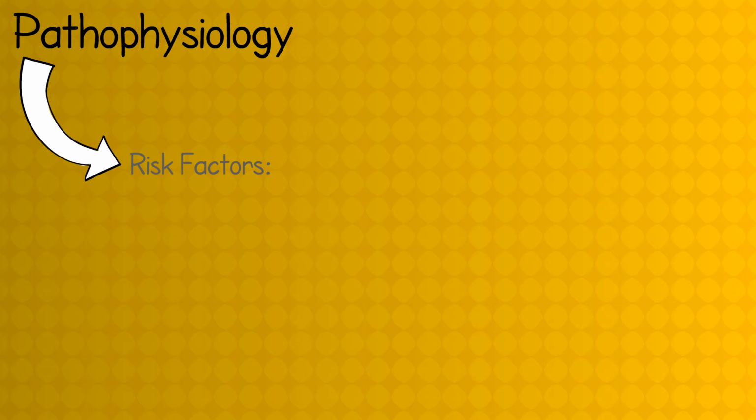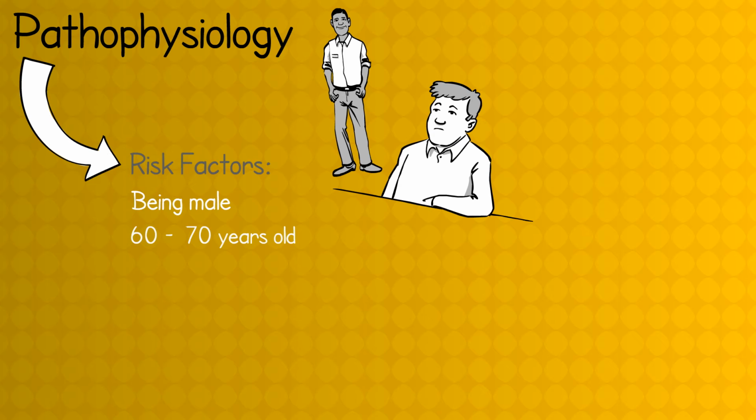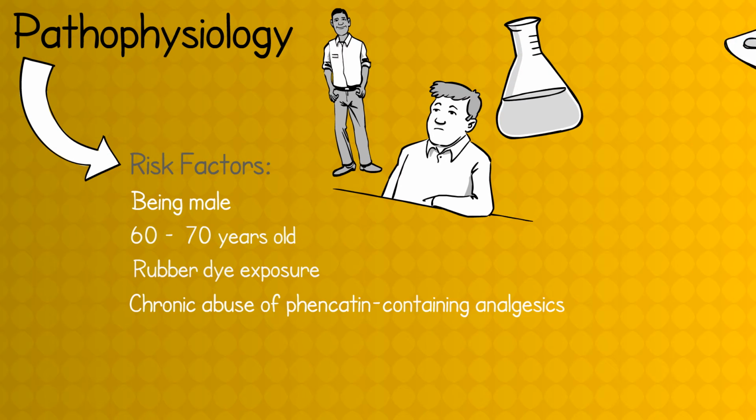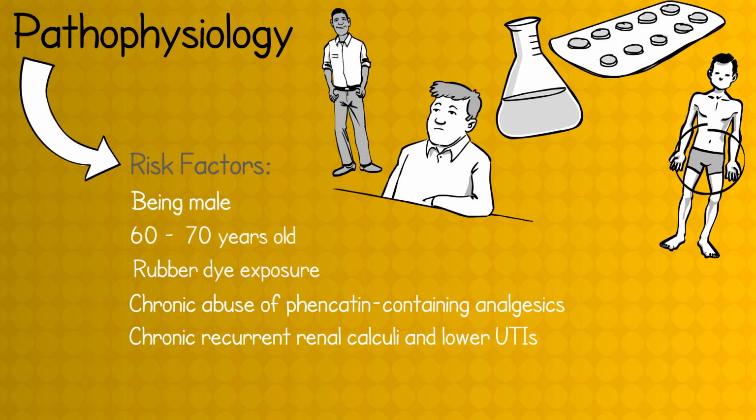I want to mention some risk factors for bladder cancer. The risk factors include being male, being between the ages of 60 and 70 years old, rubber dye exposure, chronic abuse of phenacetin-containing analgesics, chronic recurrent renal calculi, chronic lower UTIs, and smoking.